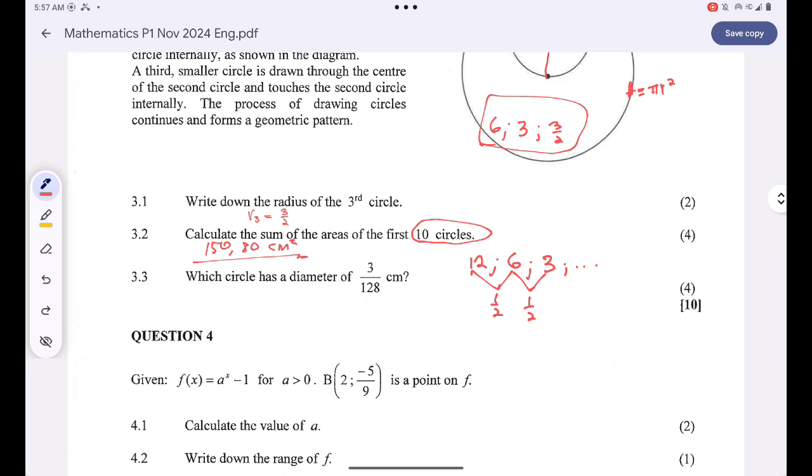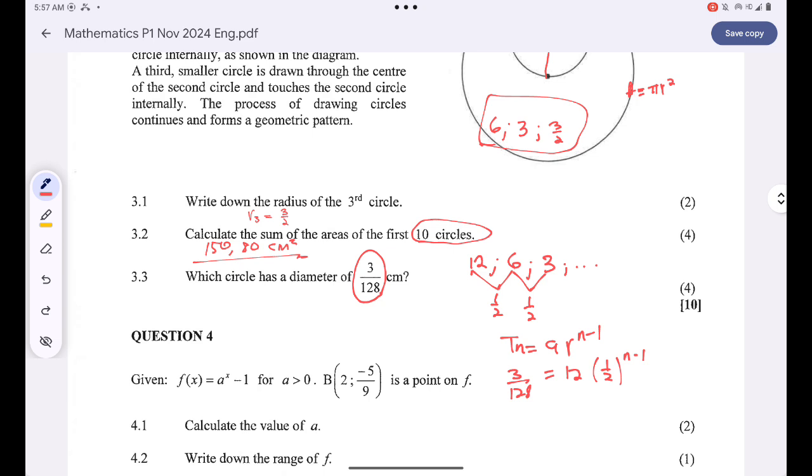So I want to know which circle has this diameter. Tn is equal to A multiplied by r to the power n minus 1. I'm given the term, and I want to find out which term corresponds to that one. r is 1 over 2, to the power n minus 1. I'm solving for n, which is at the exponent.